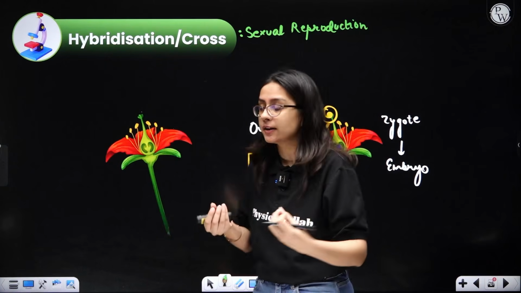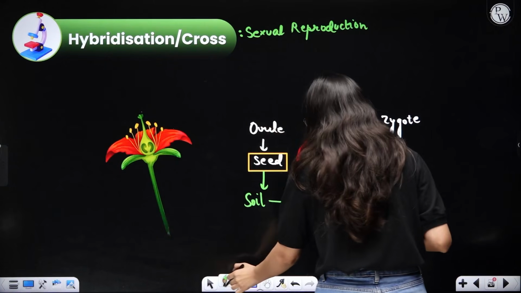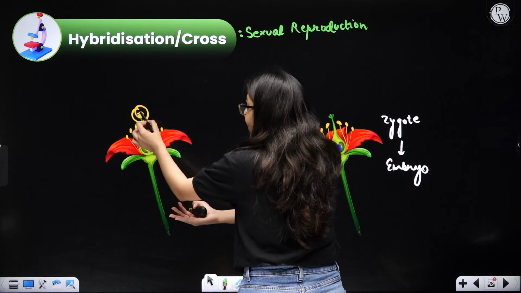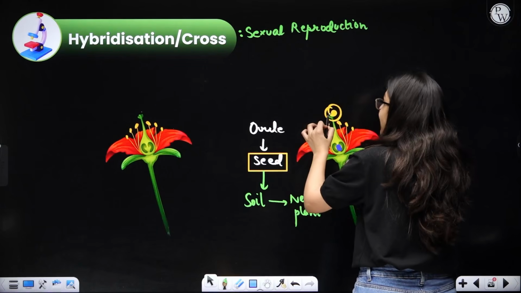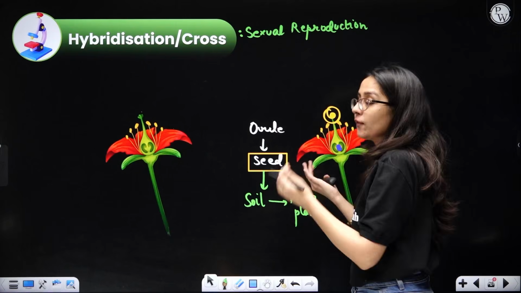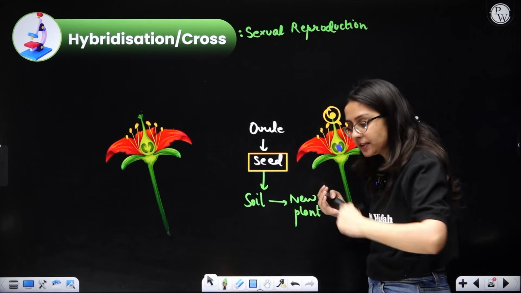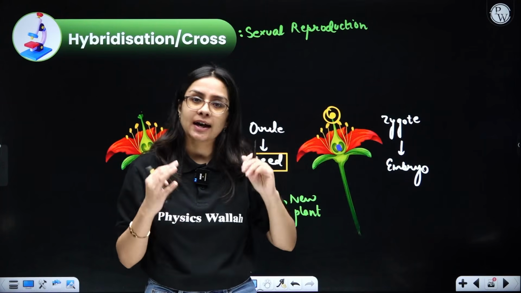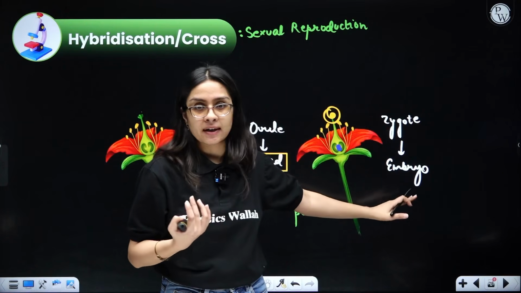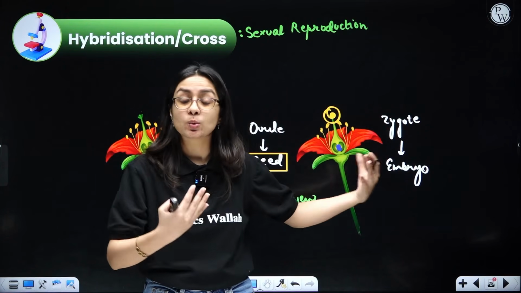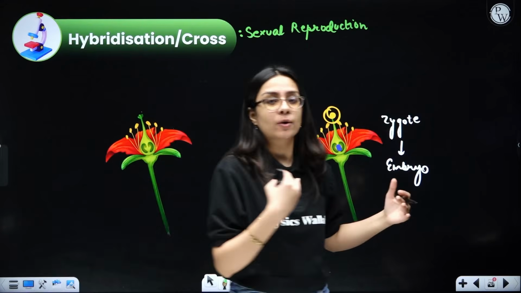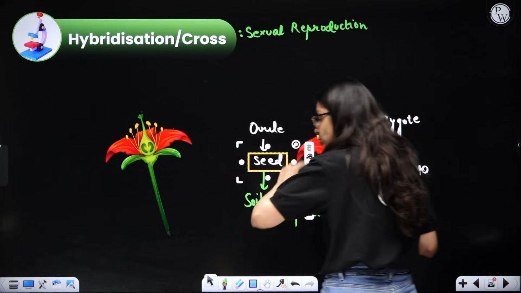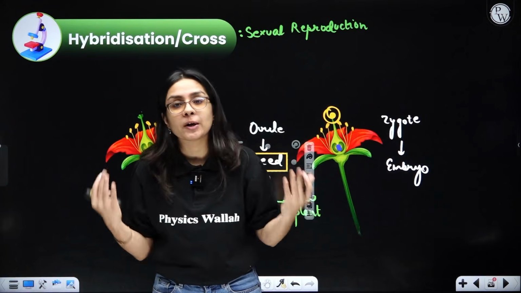All he did was take the pollen grain from one particular flower of a pea plant, and then manually put it on the stigma of the other pea plant, so that the pollen tube will form, the male gamete will reach, and it will fertilize with the egg, ultimately forming a zygote and an embryo. The embryo will form into a new plant, and then seed formation takes place. Once the seed has been formed, it can be sown in the soil. That was the whole purpose of hybridization.